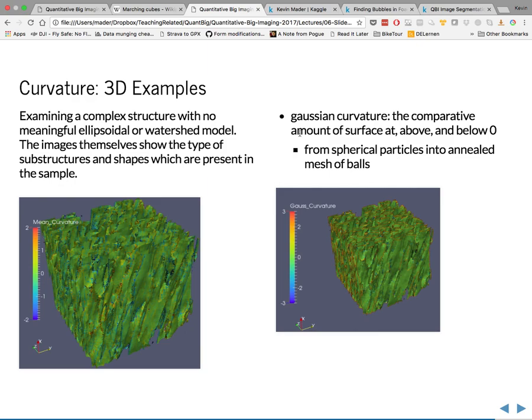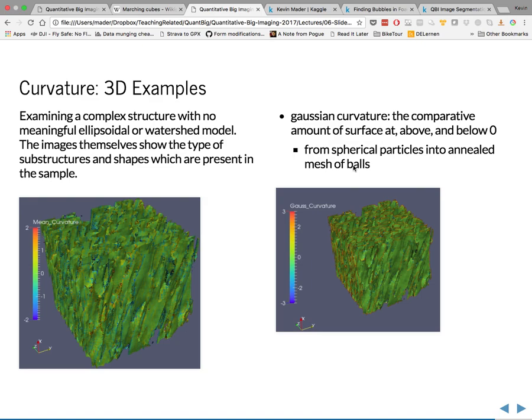particularly if you were looking at some object that changes significantly in its structure. And so if you think about going from spherical particles that are sort of being melted or annealed together into kind of a mesh of balls, curvature would be a very useful metric for following this process, because it would be very difficult to find all of these spherical particles in one big blob at the end.